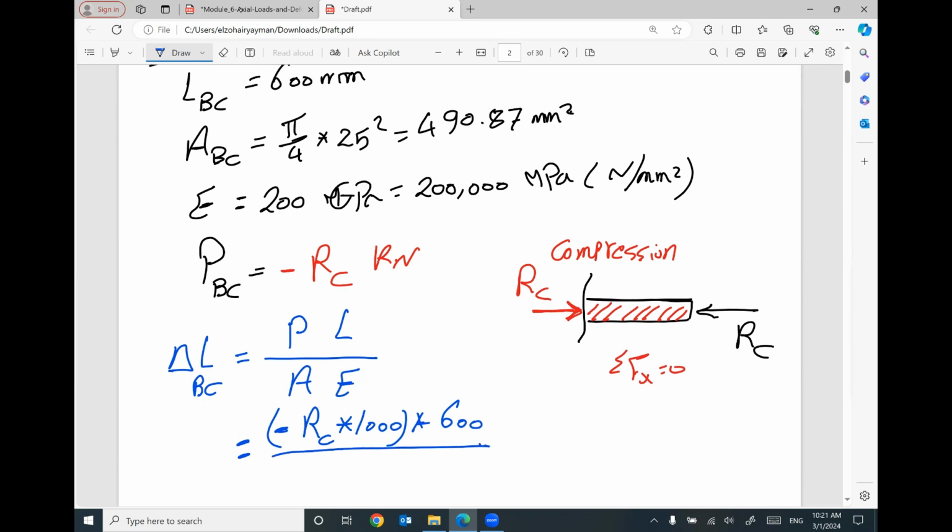The cross-section area of this part is 490.87. The Young's modulus of this part is 200,000 megapascal. Everything in Newton, everything in millimeters, so the final value will be negative 0.00611 RC.